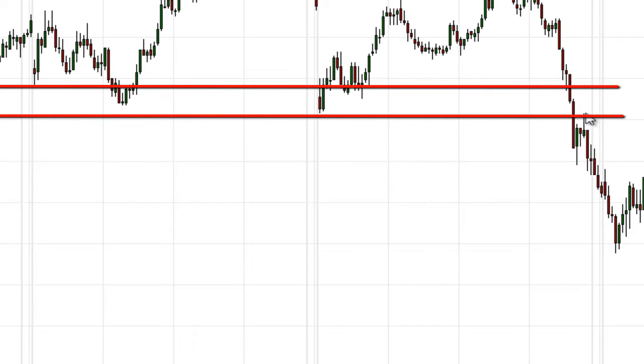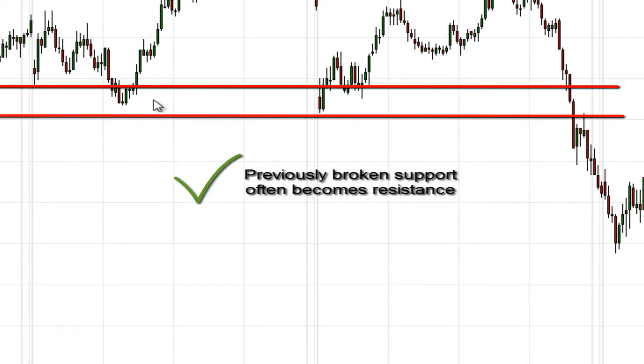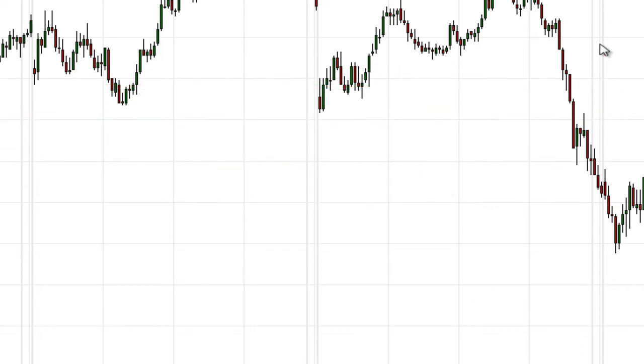And when they sell, it'll cause this reaction and then we'll go back down. So we bounce up, we hit this previously broken support area. Now because of their selling, it becomes what? Resistance. Okay?